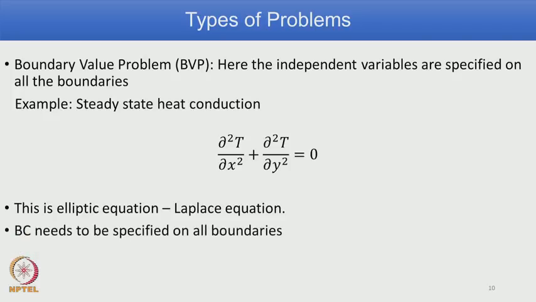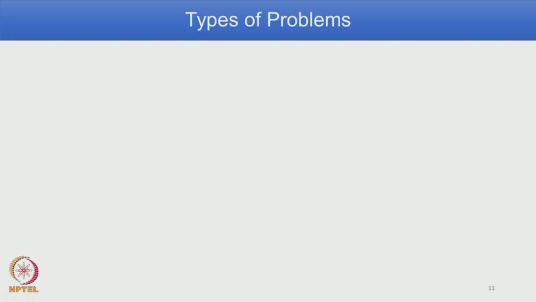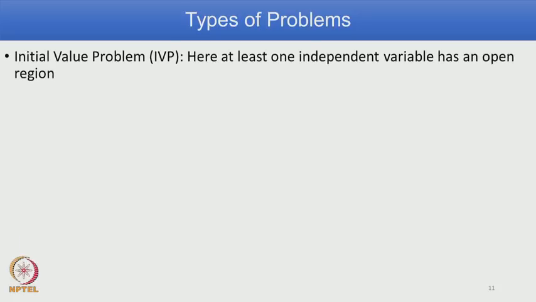Now, boundary condition is specified on all the boundaries. So, in this the variable is T, temperature, and the domain goes in x as well as in y. So, you specify boundary conditions in all of x and y.